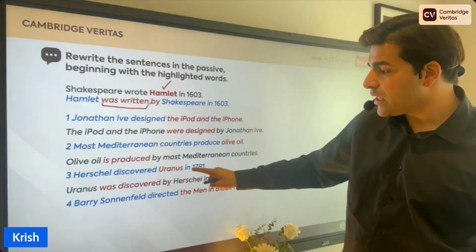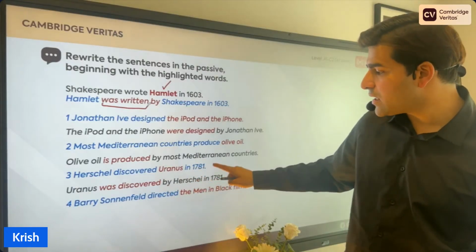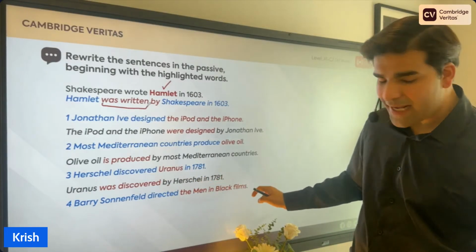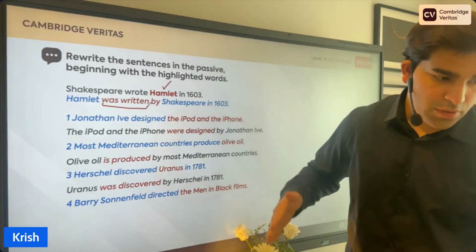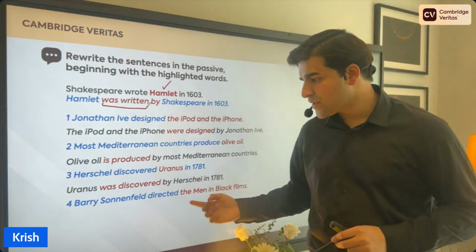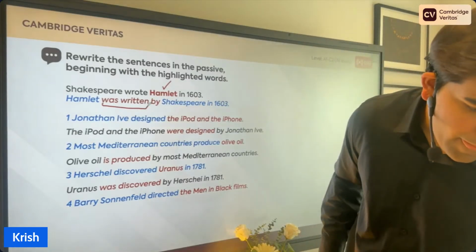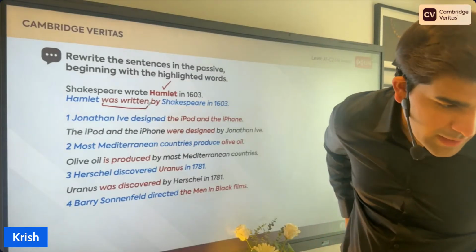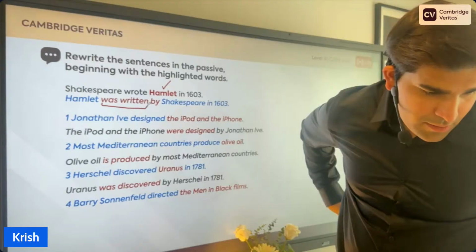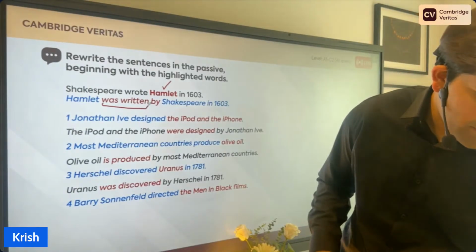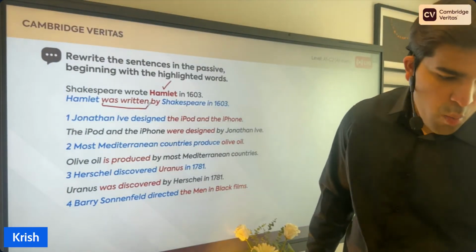Sentence number 4. Barry Sonnenfeld directed the Men in Black films. So the Men in Black films, past. Superb. Good. Happy for you. Were directed.